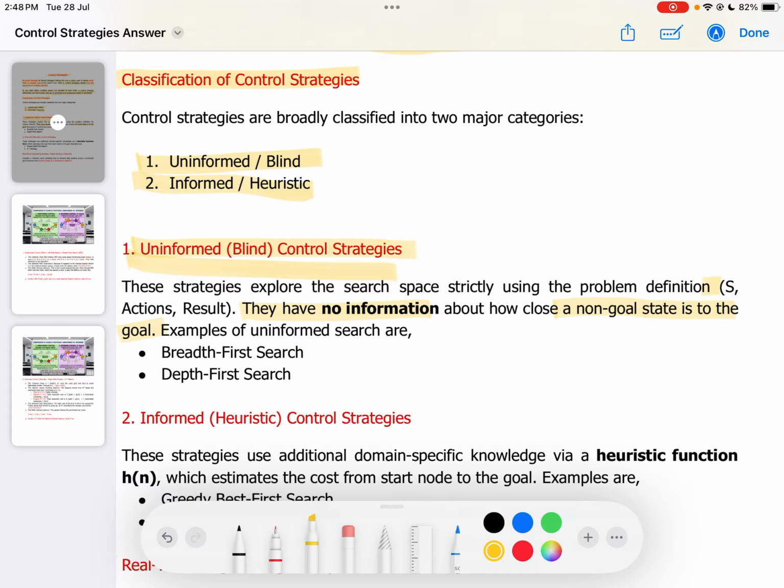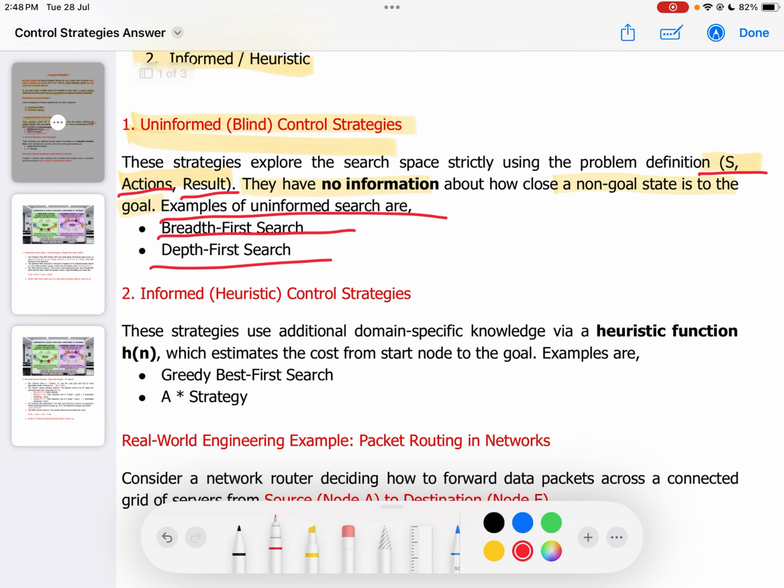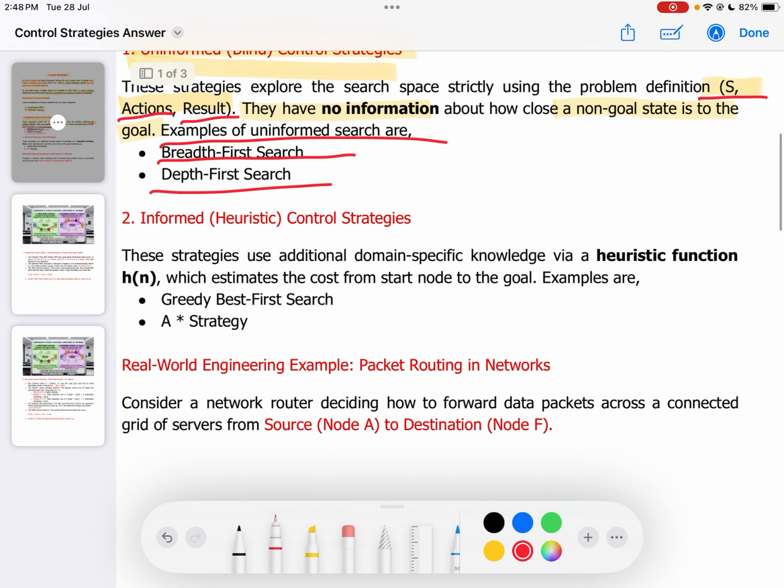It looks at three things: the current state, the action, and the result. Examples of uninformed search are breadth first and depth first. I'll give a real time example, and you will understand both well. Please watch the full video.